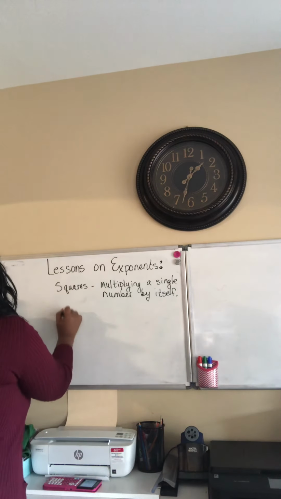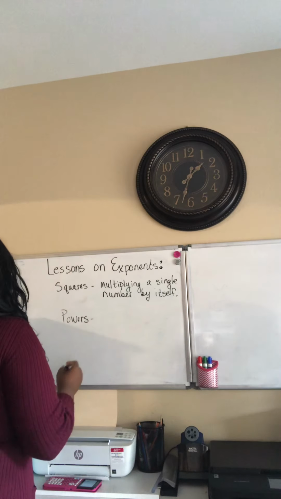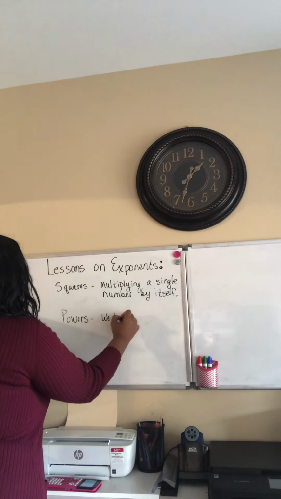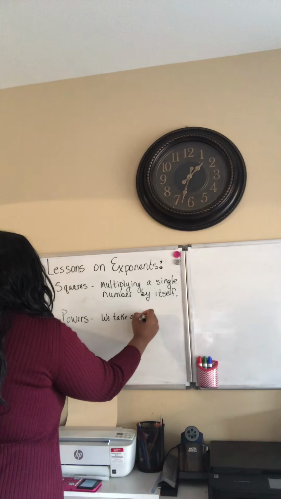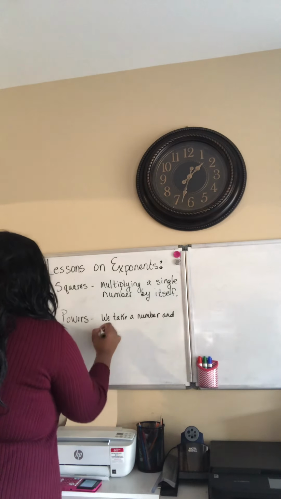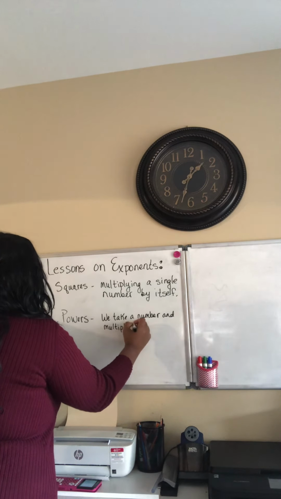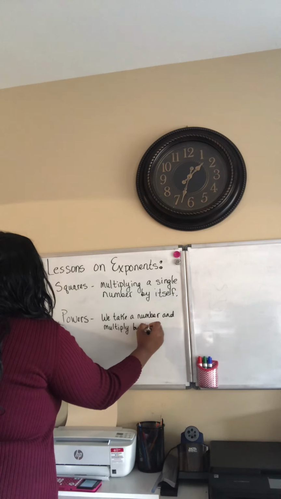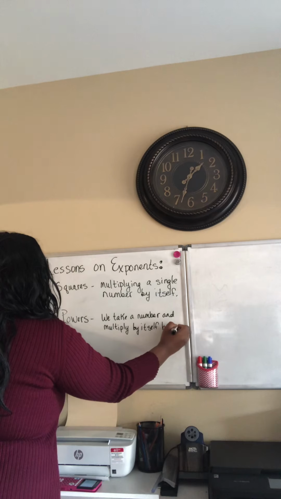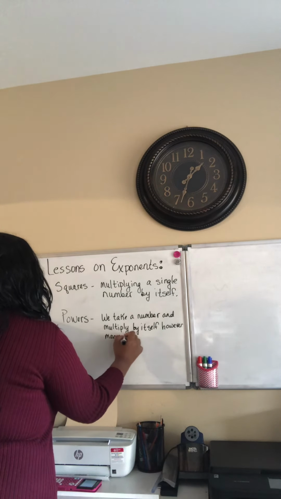Now when we look at powers of a number, we take a number and multiply it by itself however many times the power says. So we're going to look at how that works in just a moment.